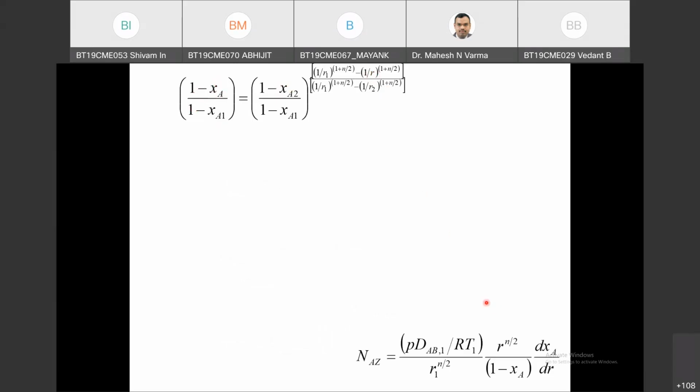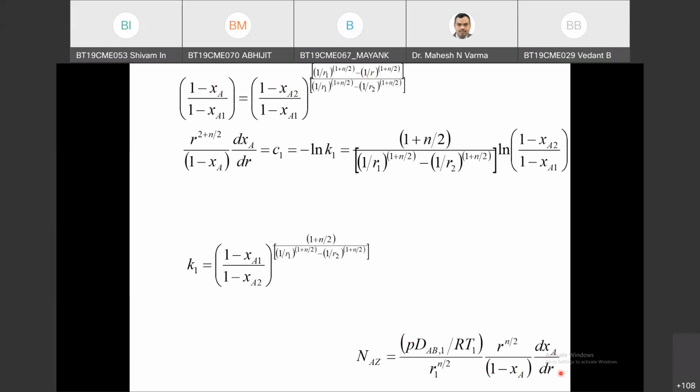Now, how to get the flux profile for this? So this is the flux profile. dxa by dr you can use, or you can use K1 also. This whole term, R to the power n by 2 times 1 minus xa times dxa by dr, equals C1, that is equal to K1, and this is ln actually.